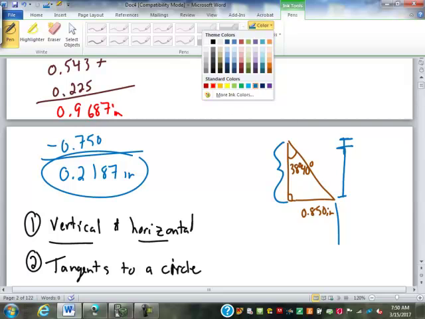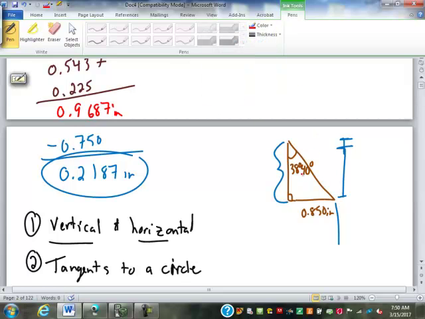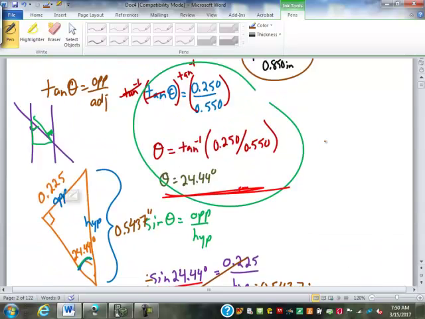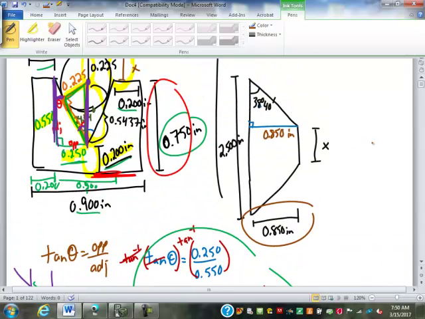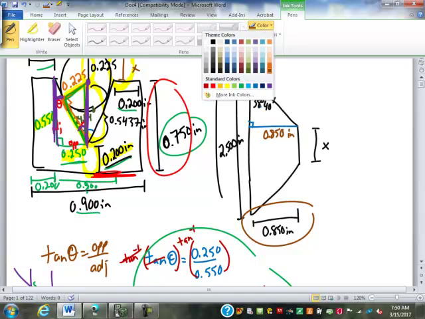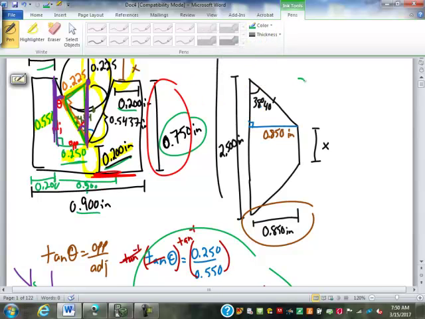According to the angle we have, the 38 40, I don't know why I put a degree symbol there. As you can see from here, this dimension is the same as this dimension of the triangle. And we have to have that dimension so we can subtract it twice from the 2.5 to get our missing dimension x.